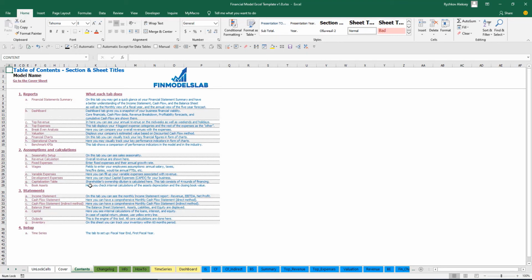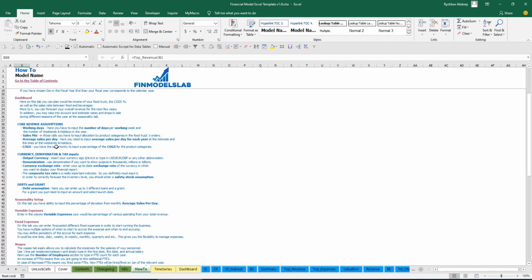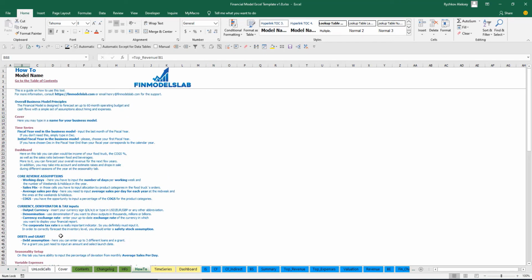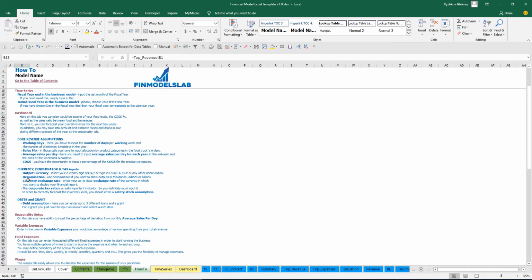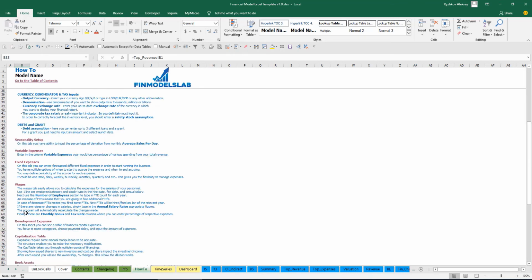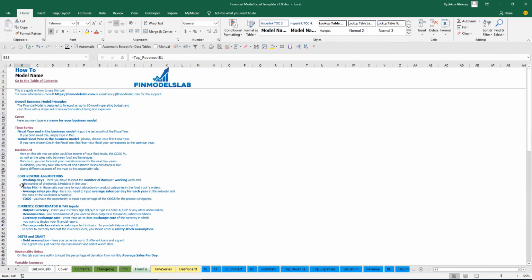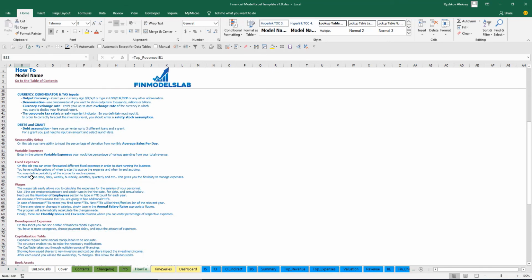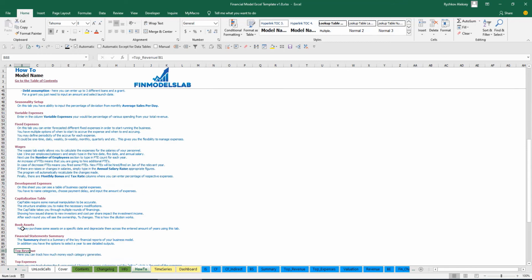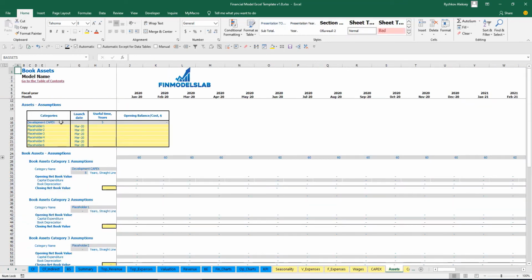There is a short explanation about what each tab does, but if you want to know more, you can go to How To and see a more detailed explanation of what each tab does and what inputs and outputs you may find on this sheet. Any header of this section is also clickable. So you may click on, for example, Book Assets, and you go directly to this tab.